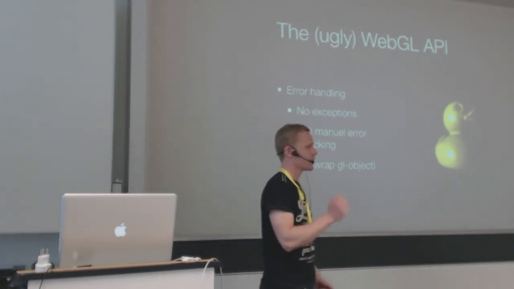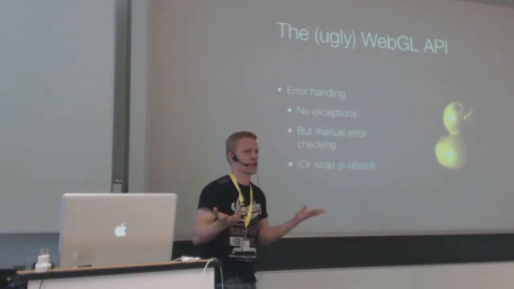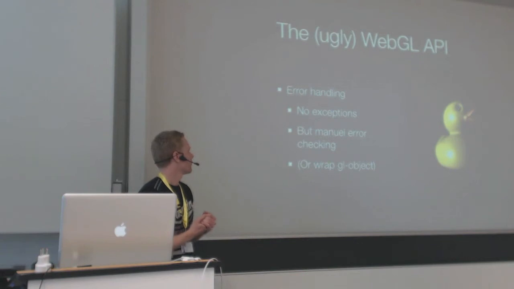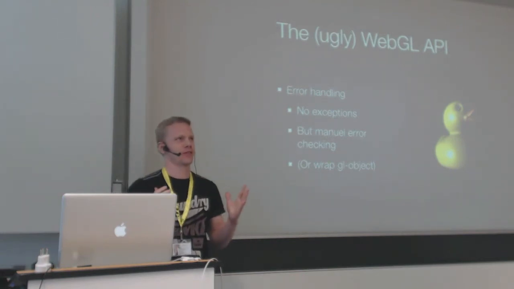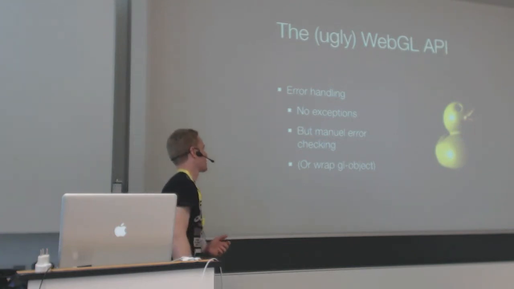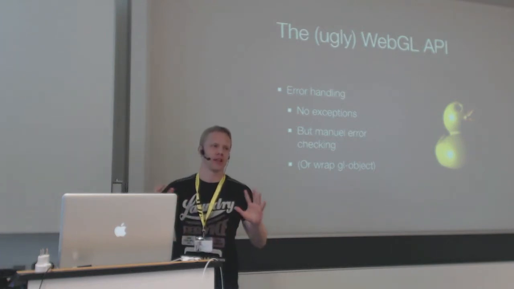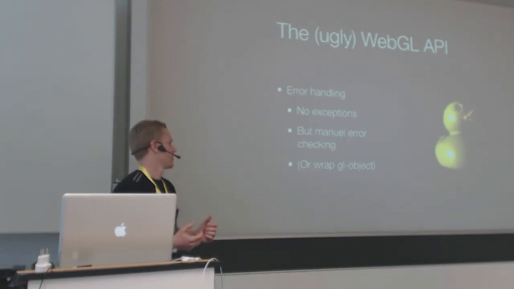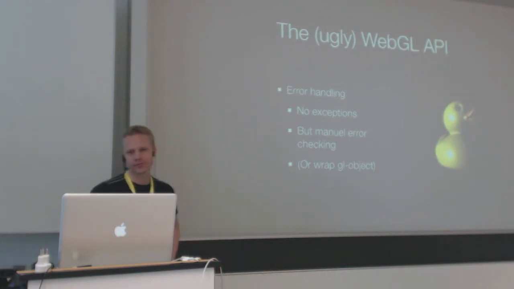To check if an error has occurred, you need to call a function to see if everything's okay. So this is fairly annoying to use. Fortunately, there are some clever guys at Khronos who wrote a wrapper function that lets you, in a kind of debug mode, get errors anyway.